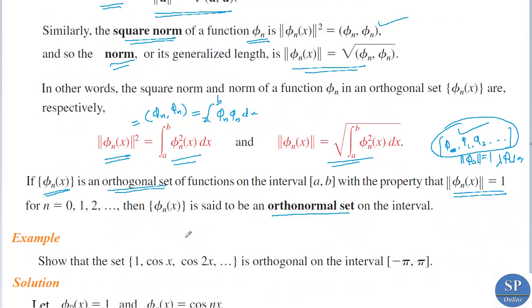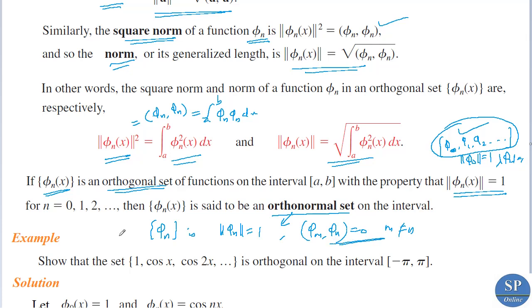That is, norm of phi naught is 1, and norm of phi 1, phi 2, etc. are 1. Also, the inner product of phi m, phi n is equal to 0 for m not equal to n.